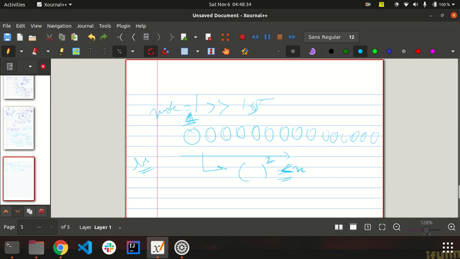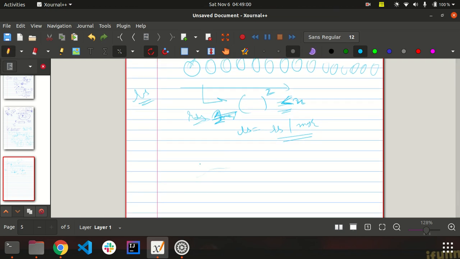We can directly fill 1 into our result, which is initially set to 0. We set result to result OR mask, right? So in this case we will have 1.